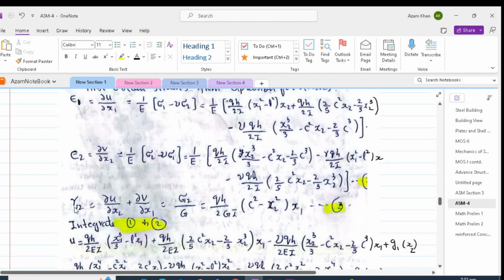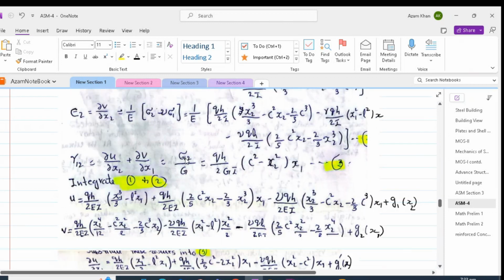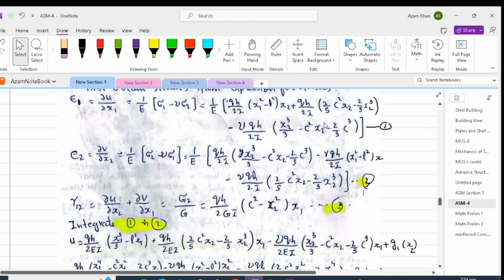The shear gamma 1 2 is equal to partial u by partial x2 plus partial v by partial x1, and it's also equal to sigma 1 2 by G. So plugging in the values, we'll get qh by 2GI (c square minus x2 square) times x1. Now we can integrate these in order to get the displacement u.